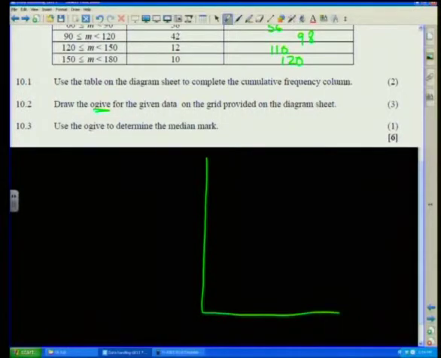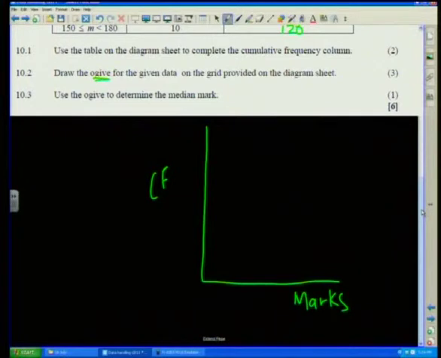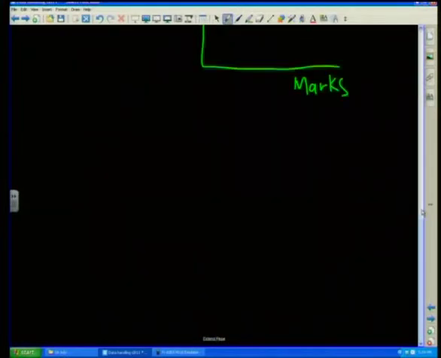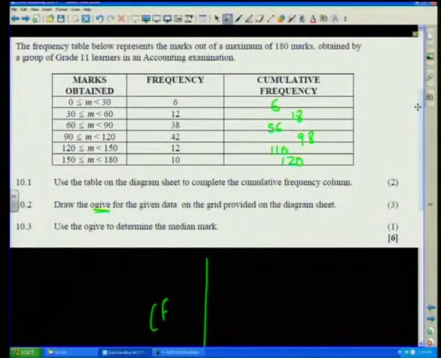Remember to label this. We're looking at marks on the x-axis, and on the other side our cumulative frequency. All you're going to do to plot this ogive is plot the upper end, or the upper bound, with the cumulative frequency on this graph.